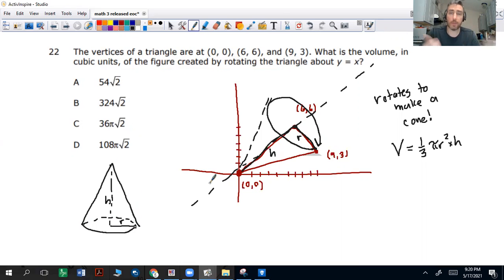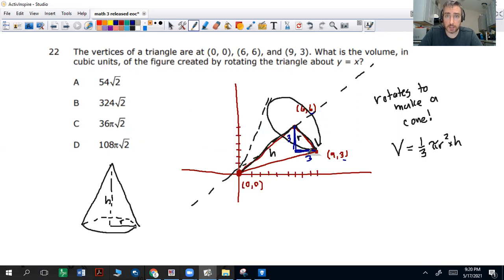So let's think about what that radius and height are. Let's do a little Pythagorean theorem, okay? The radius here, if I have the point (6, 6) and (9, 3), then this distance here from 6 to 3, that's 3. And this distance from 6 to 9 is also 3.